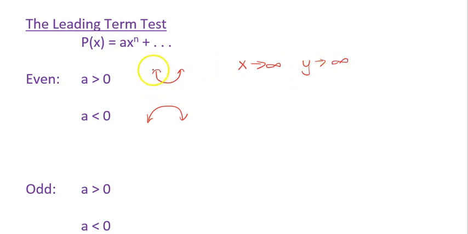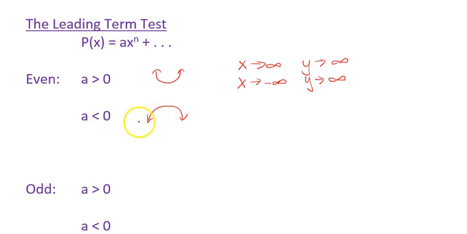On the other side, this arrow here, that's where we're going to the left. So x's are going to negative infinity. What's happening to the y values? They're also going up. So the y's are going to infinity.